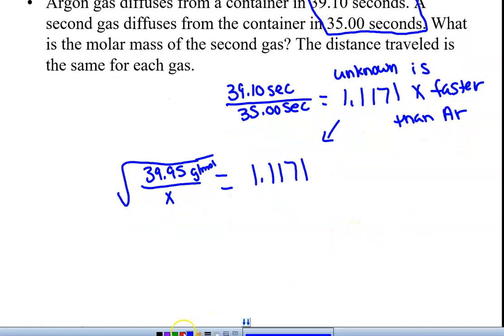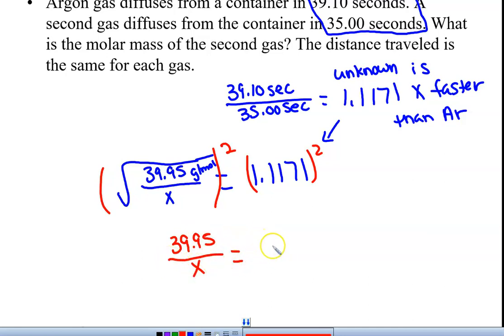So how are we going to solve it? Well, we're going to square both sides, right? And when you square this side, it just makes it go away. That x being on bottom is the troublemaker here. And let's see if I wrote all that out. 1.2479121. All right.